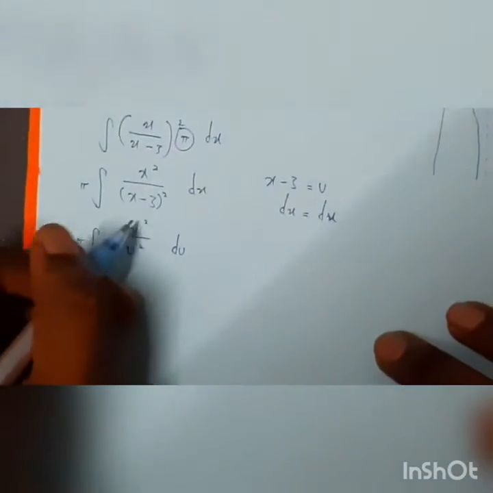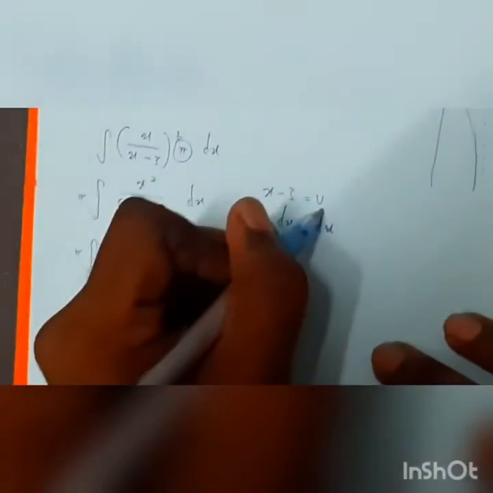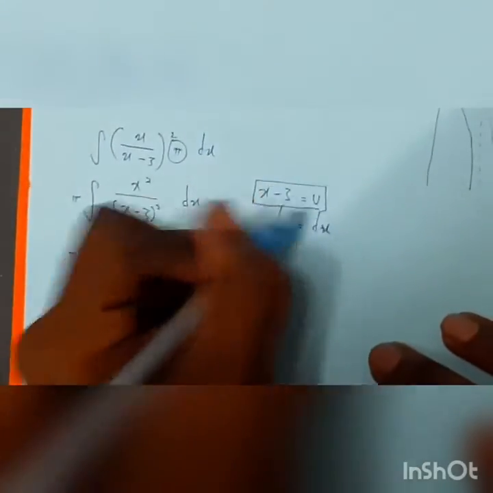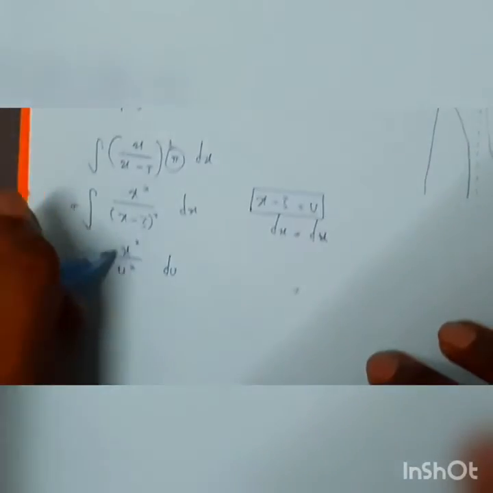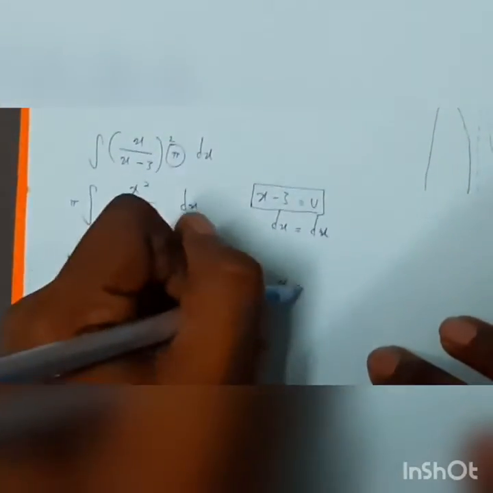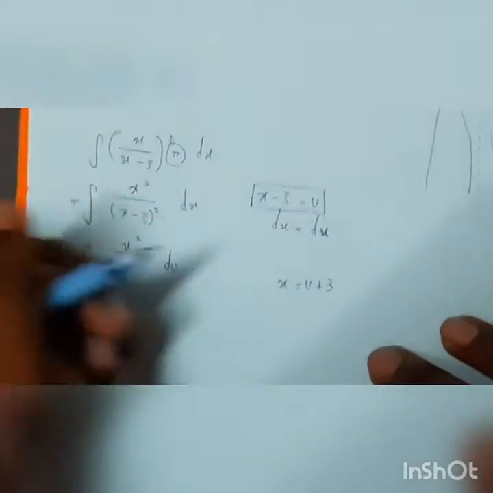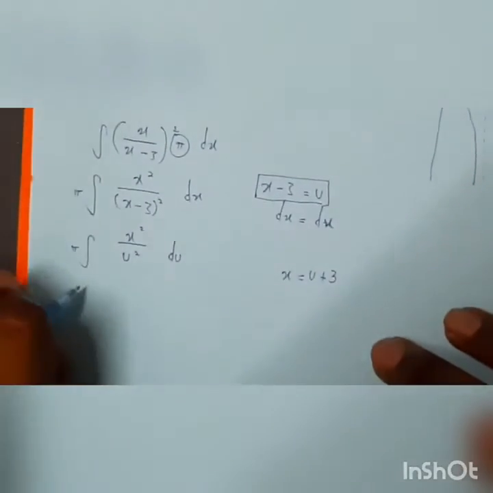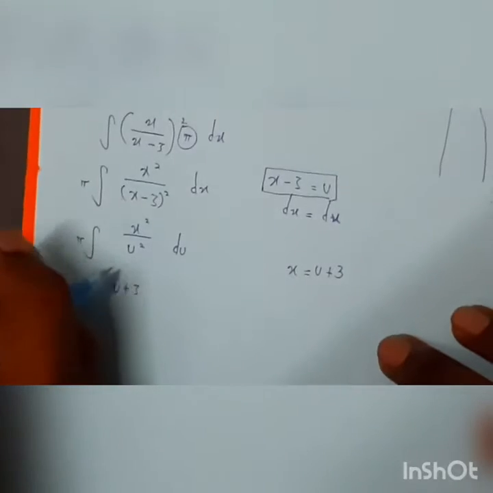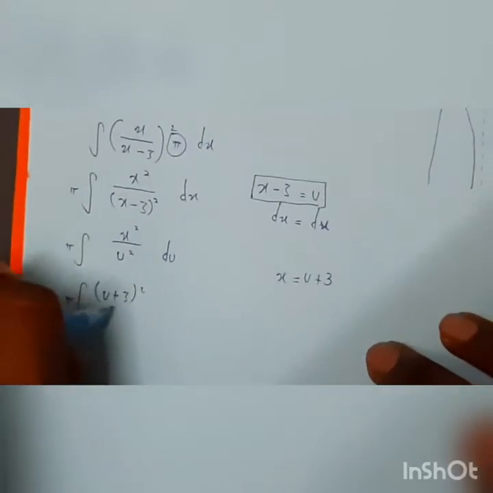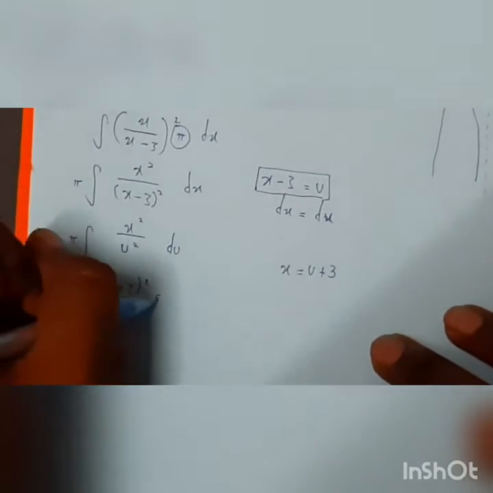So what are we going to do with x squared? We have already assumed that x minus 3 is equal to u. So all we have to do is express this x in terms of u. It will give us x equals u plus 3. Just substitute that into our x, so it would become something like this.